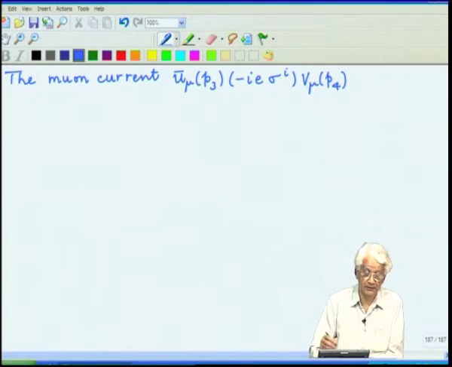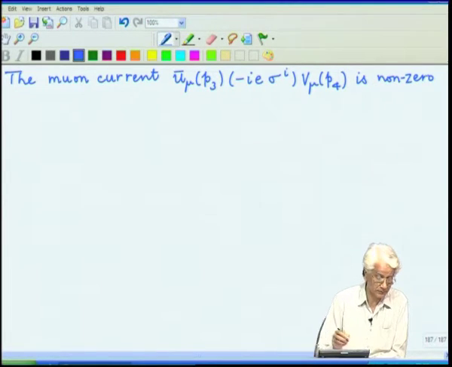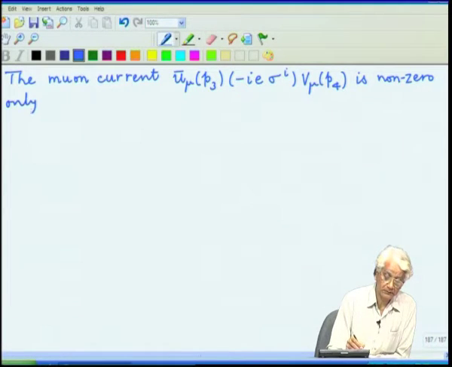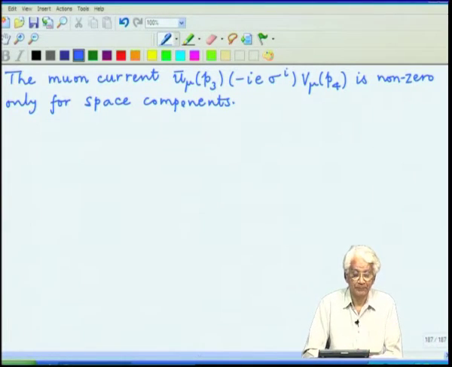This has only non-zero contribution from the space components, which involve the spin, the result being that u and v are the upper and the lower components of the spinors, and the matrix gamma 0 couples only the diagonal parts. So, it cannot couple this off diagonal u to v connection.